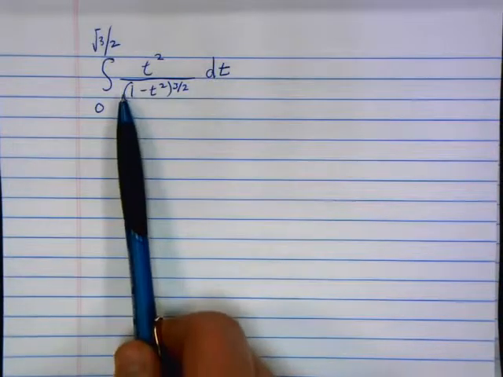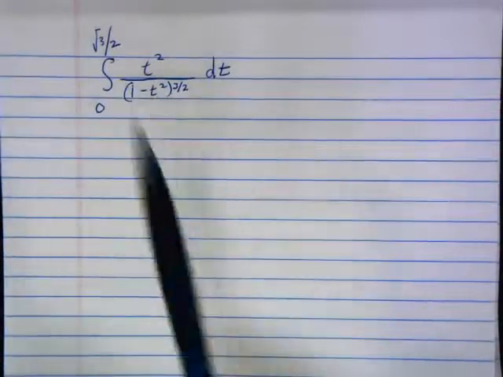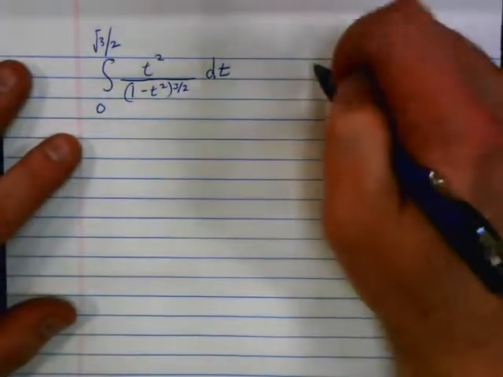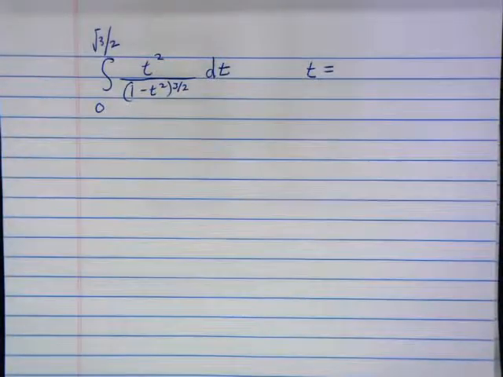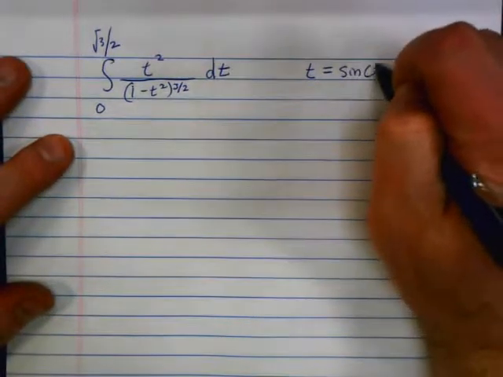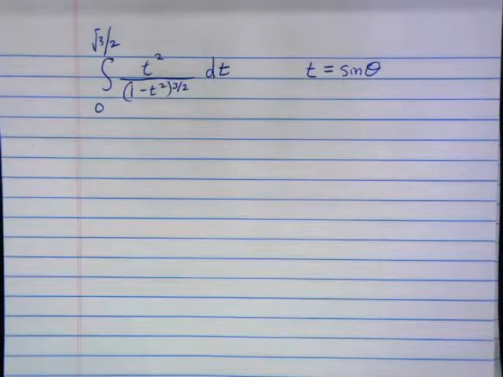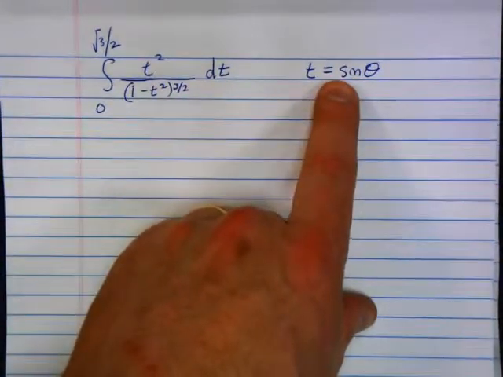This time we're in the form of a squared minus t squared. So this time our substitution is t equals, what was it when you had a squared minus x squared? Sine. That was sine. T equals sine of theta. Just because one is a, right? And a happens to be 1. If this were a 9 here, then it would be 3 sine theta. Correct.